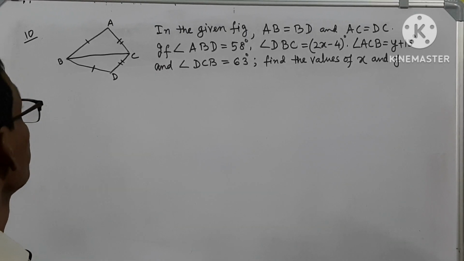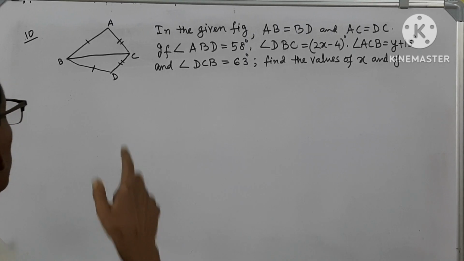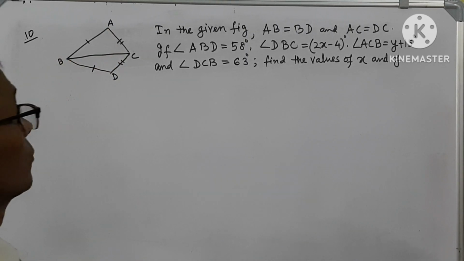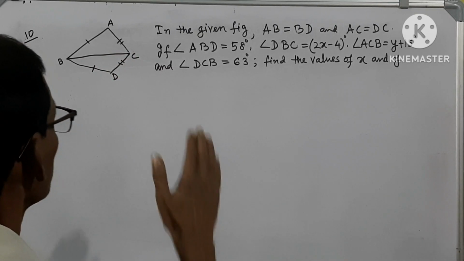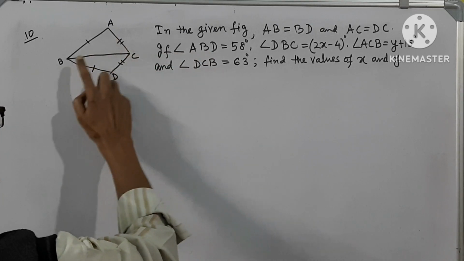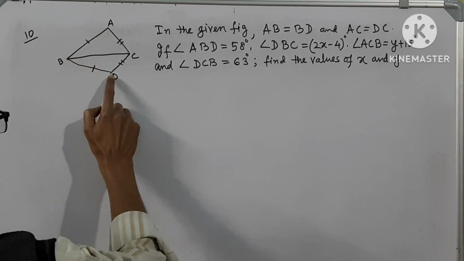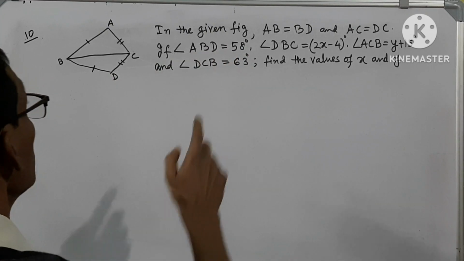Question number 10. In the given figure, AB and BD are equal, and AC and DC are equal. And some of the angle measurements are given, like angle ABD, this complete angle, equals 58 degrees.